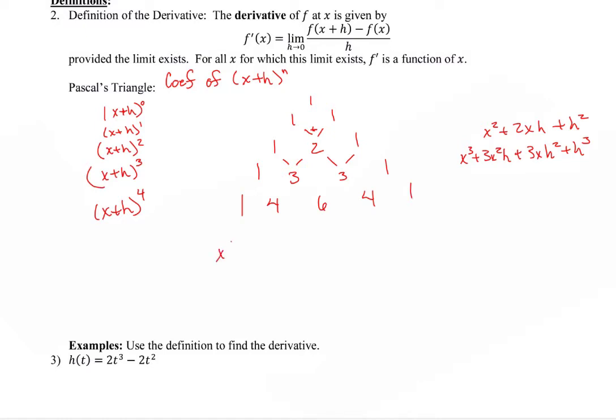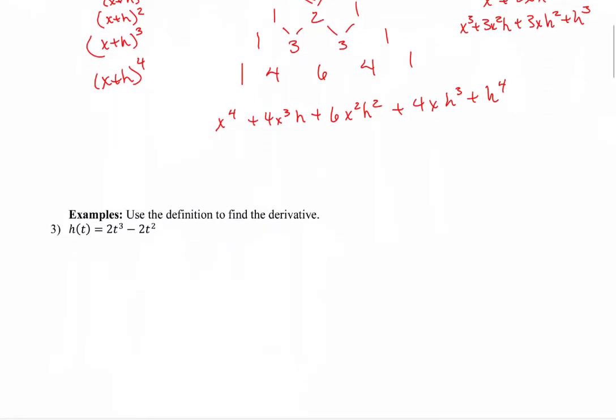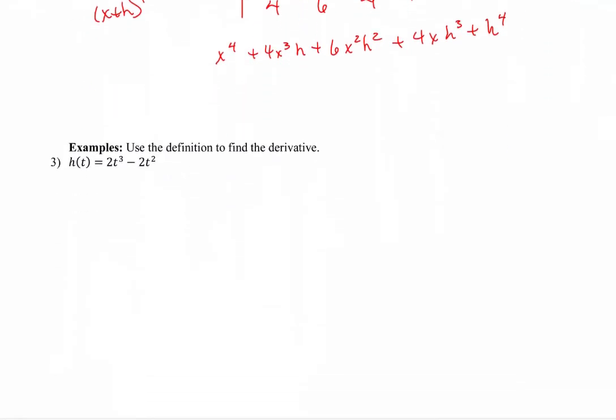And that's x to the fourth plus 4x cubed h plus 6x squared h squared plus 4xh cubed plus h to the fourth. Okay, and we're going to use all three of those as we work these questions.